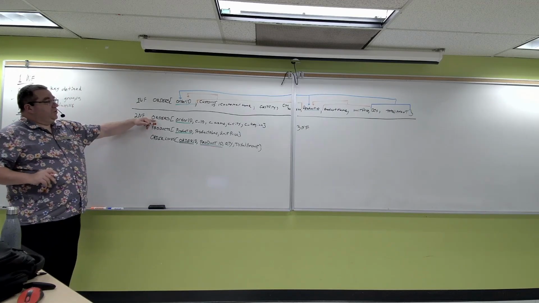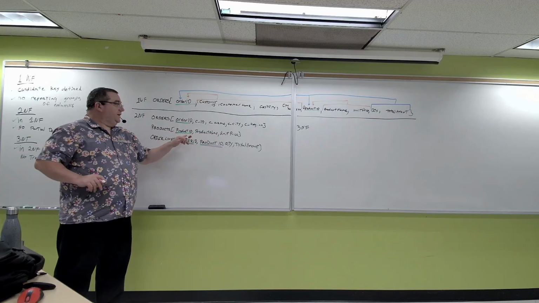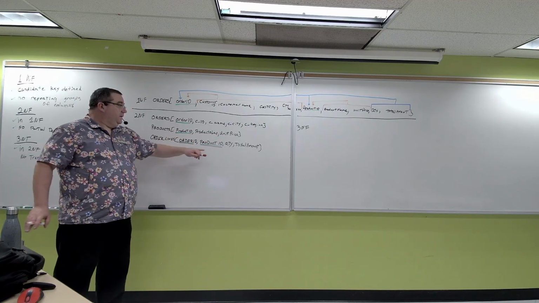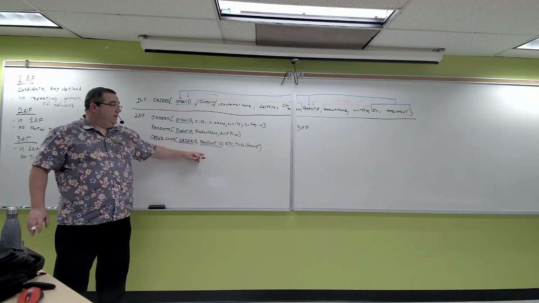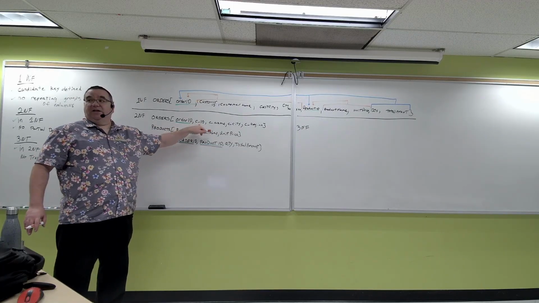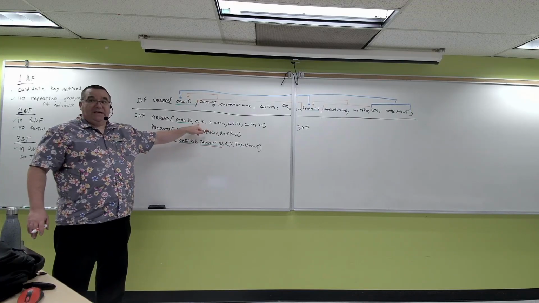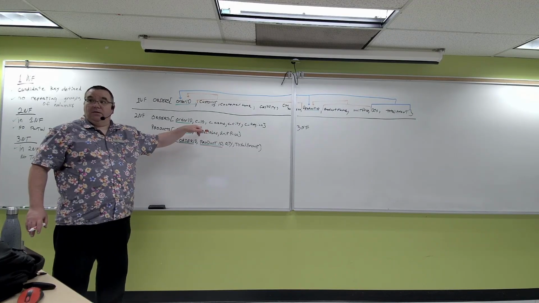When I look at the orders here, product name, unit price, fully dependent on the primary key. Cool. Quantity, total amount, fully dependent on the primary key. Cool. Over here, the customer name is actually defined by the customer ID. But the customer ID is not part of the primary key.